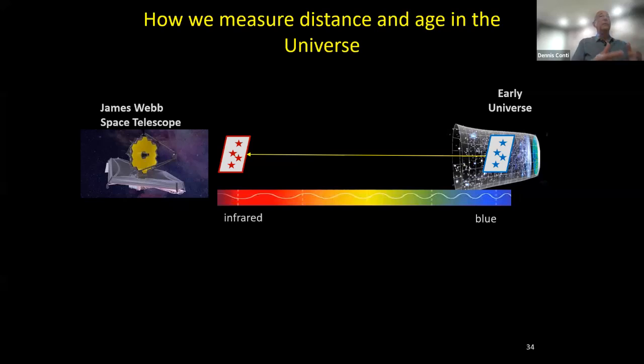This is why James Webb was created, to specifically look in the infrared, to be able to detect what was happening in the early universe. So this is our time machine, so to speak. The amount of shifting that has occurred gives us an indication of the distance and the age of when the photons that we're seeing happened. So this is how we're able to tell how far away something was and its age.